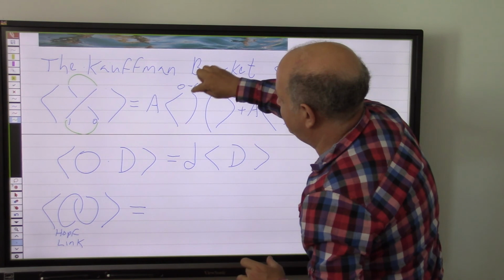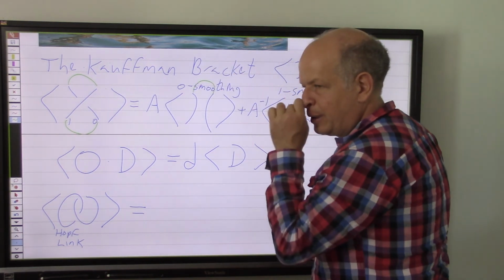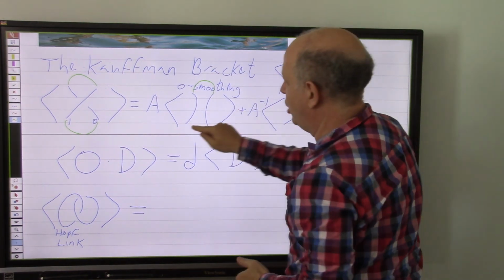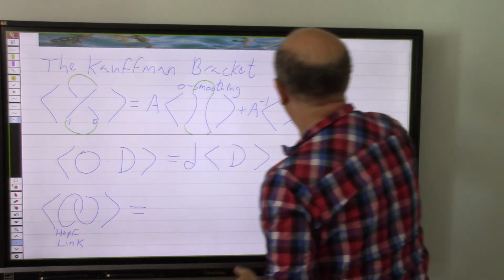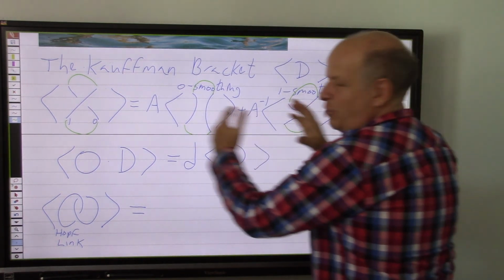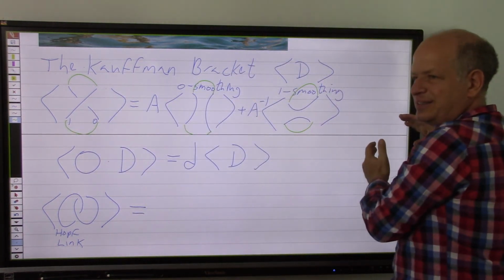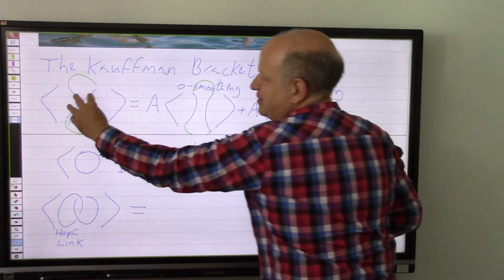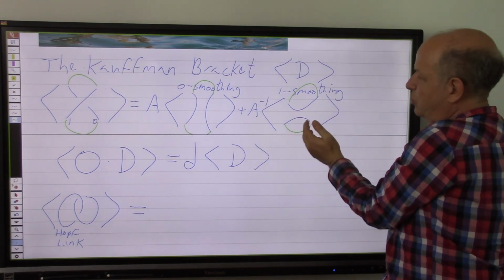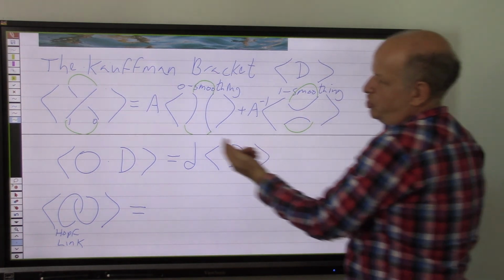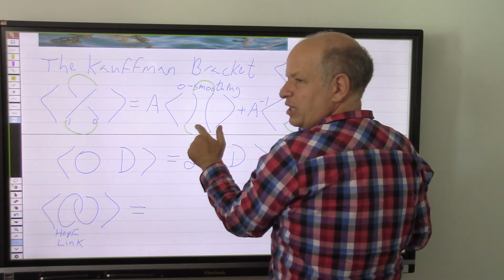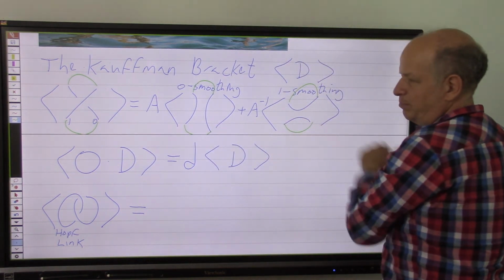In the case of a 0 smoothing, the connection will be like I wrote. In the case of a 1 smoothing, again, I'm only modifying the part that's shown, so the rest remains the same. So here I get a single component at the end, and here I get 2 components.